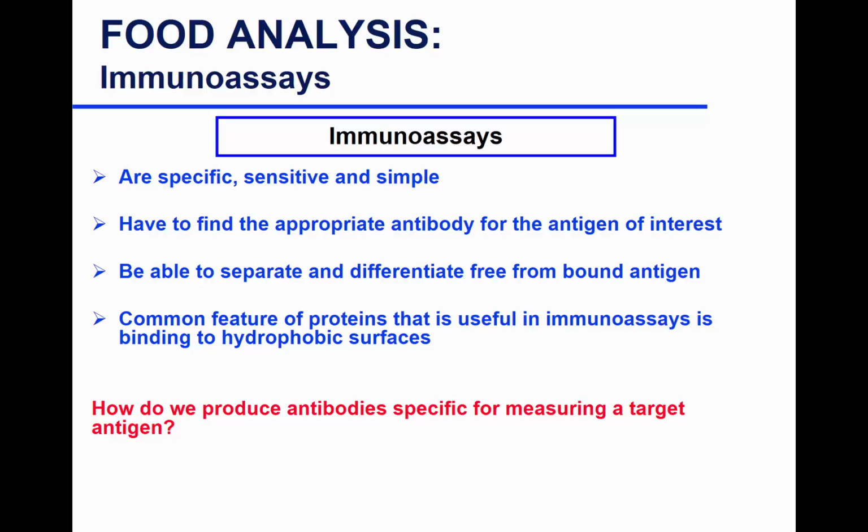In order to separate, you would use the capability of the hydrophobic binding of a protein to a hydrophobic surface. If you're able to do that, then you're able to separate bound from non-bound, which is the main basis of ELISA and Western blots.